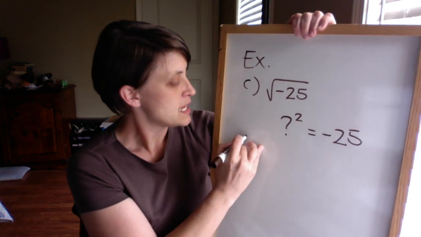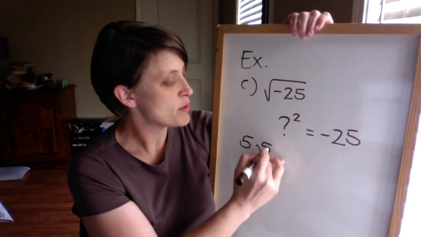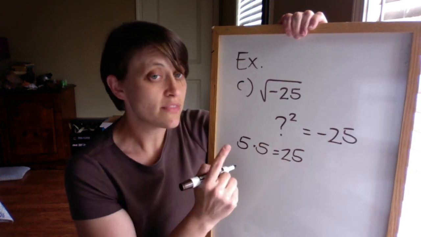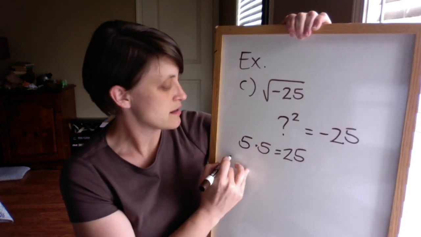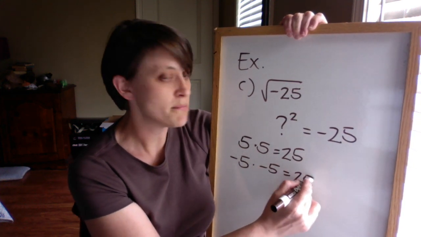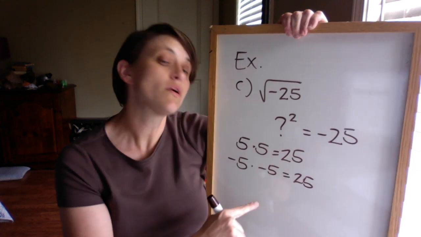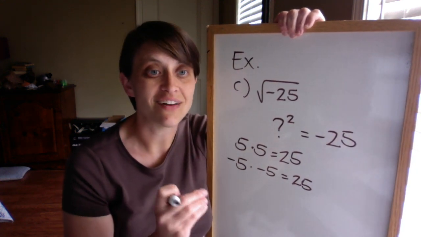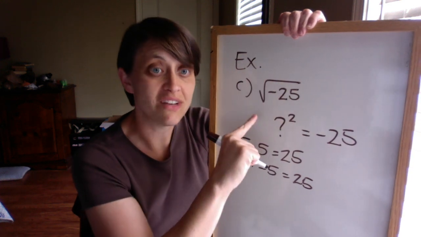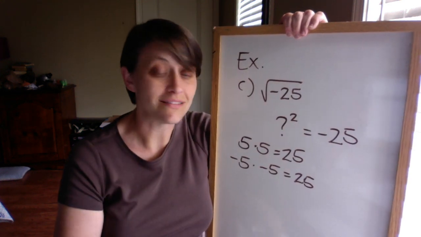If those numbers are both positive, you get a positive number. Remember that if we're squaring it, the numbers have to be identical. So if the numbers are both negative, we still get a positive number. There is no way we're going to multiply a number by itself and get a negative number. So in general, square roots of negative numbers are not real numbers.